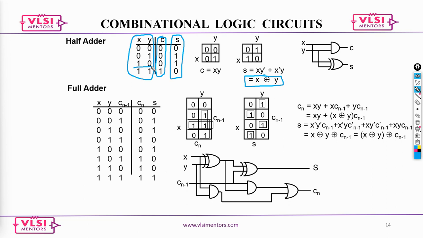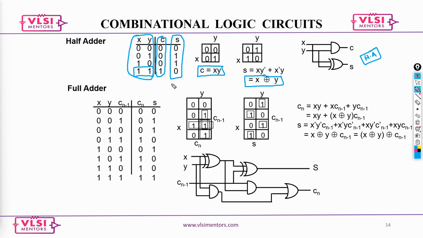And when both the inputs are 1, then your carry is going to be 1, so that means it's basically an AND. So now this is your half adder circuit.